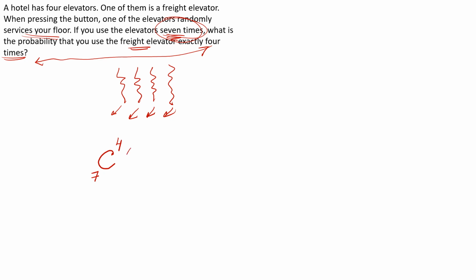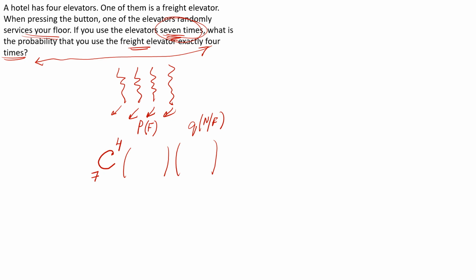Okay, now what is P, what is Q? P means that the freight elevator is coming to you, and Q means that the freight elevator is not coming towards you. Now we have 4 elevators, okay, and one of them is the freight elevator.